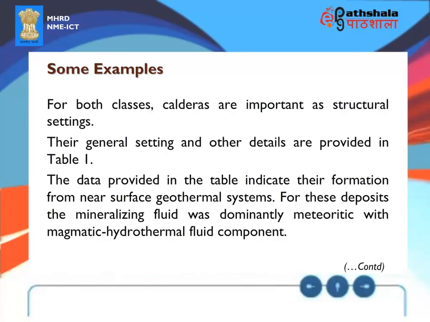For both classes, calderas are important as structural settings. The general setting and other details are provided in Table 1. The data provided in the table indicate their formation from near-surface geothermal systems. For these deposits, the mineralizing fluid was dominantly meteoric with a magmatic hydrothermal fluid component.